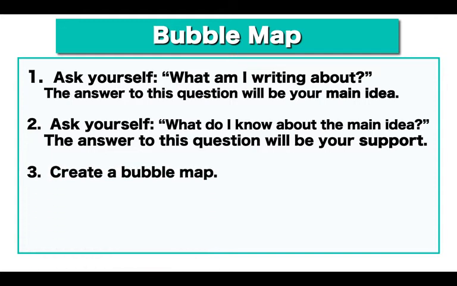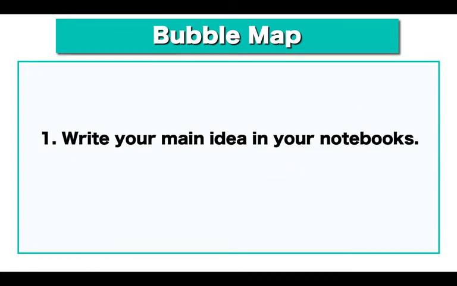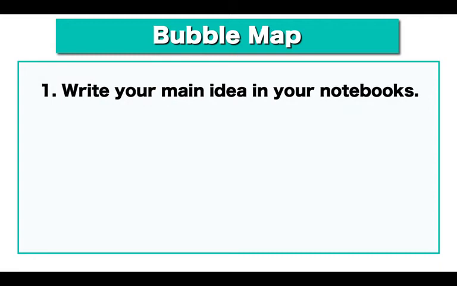And then we're going to create a bubble map, just like this one. Healthy diet, that's your main idea, and your support, fruit and vegetables. So now, write your main idea in your notebooks.